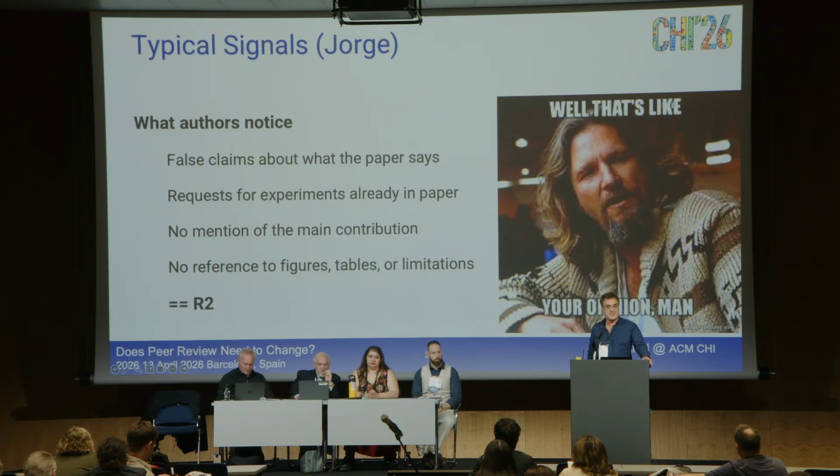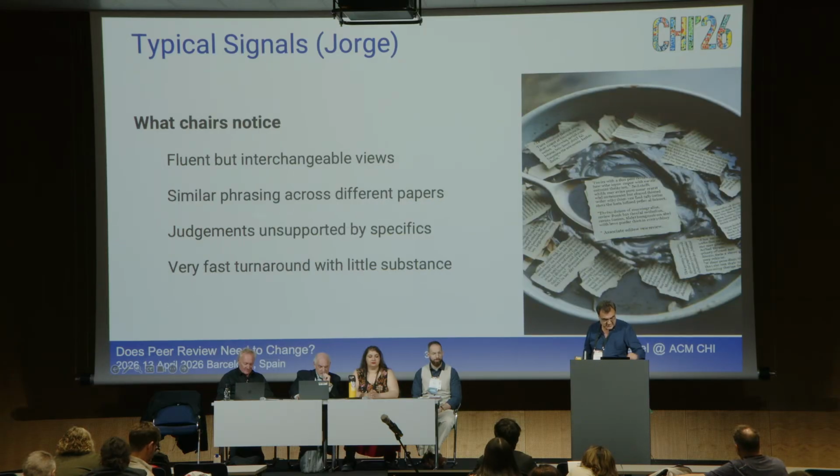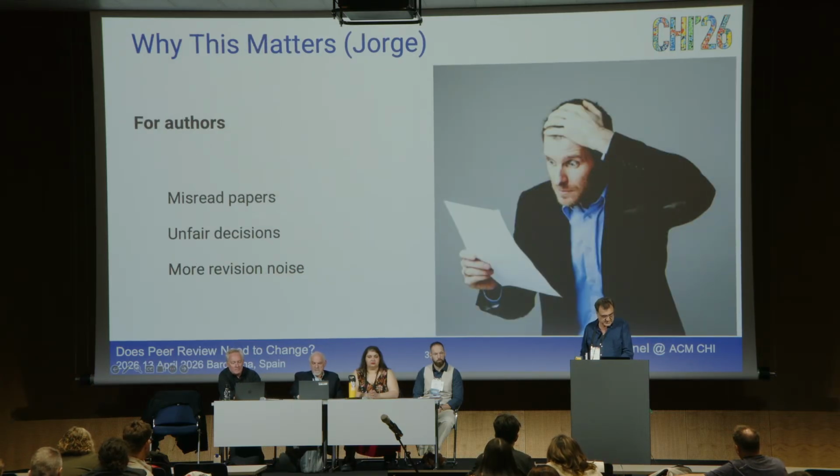Essentially, AI slop can be a modified version of reviewer number 2. If you don't know what reviewer number 2 is, there is a social network group that I recommend you visit. The dude agrees. So what chairs notice here are fluent but interchangeable reviews, similar phrasing, judgments unsupported by specific evidence, and very fast turnaround but little substance.